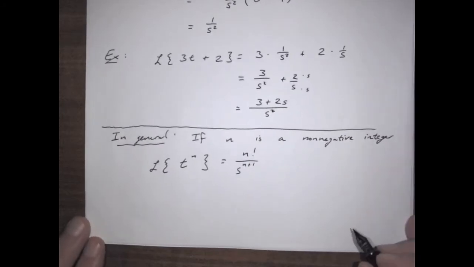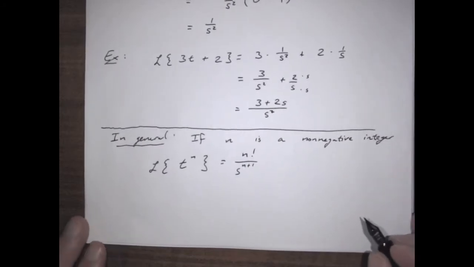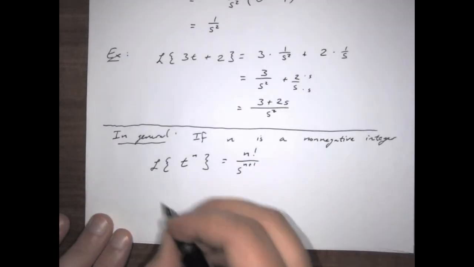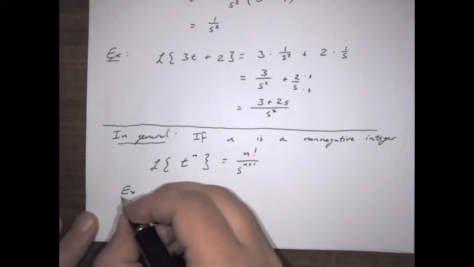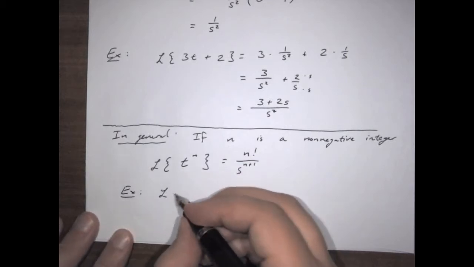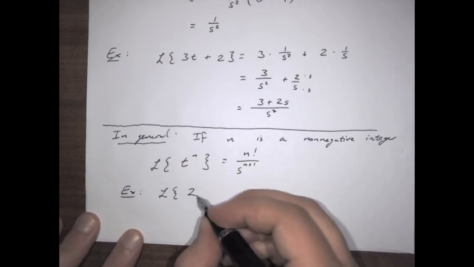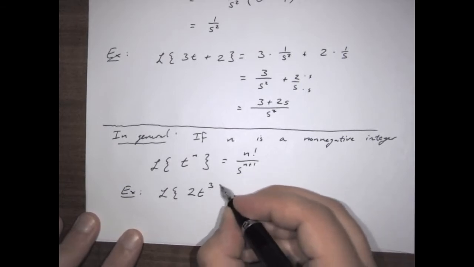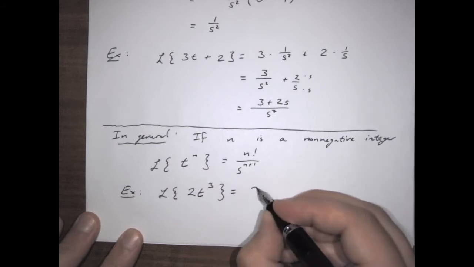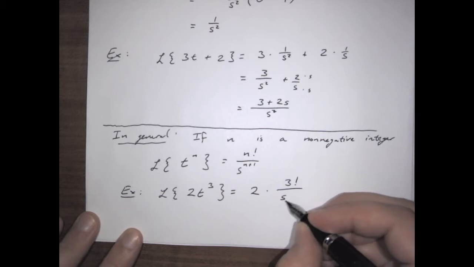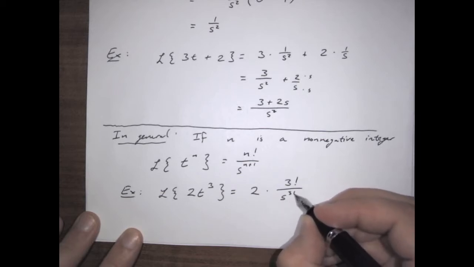And you can prove this if you want inductively just by iterating the number of integration by parts that we produce. So for example, let's say we wanted the Laplace transform of 2t to the third. Well, that would equal 2 times 3 factorial over s to the 3 plus 1.